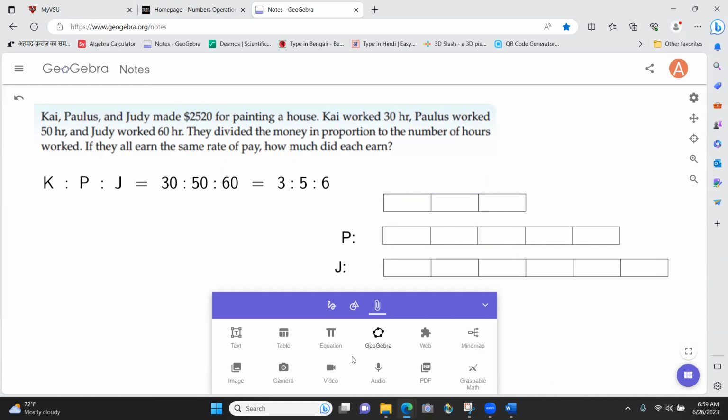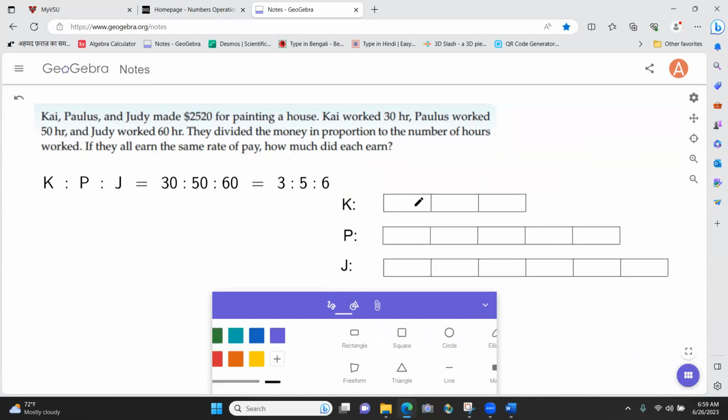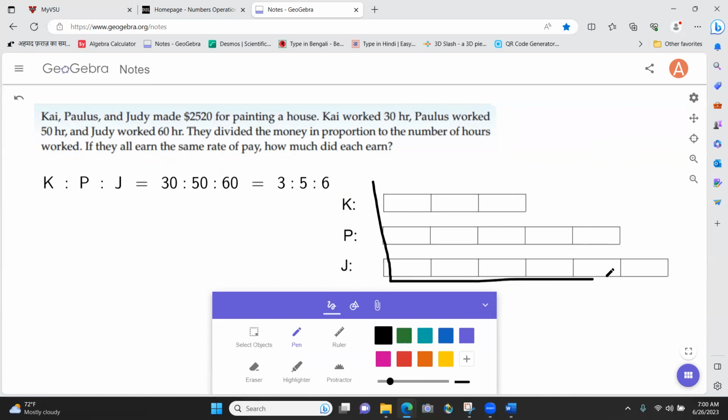All right, I have it. Now, how much money are we talking about? We are talking about 2,520.